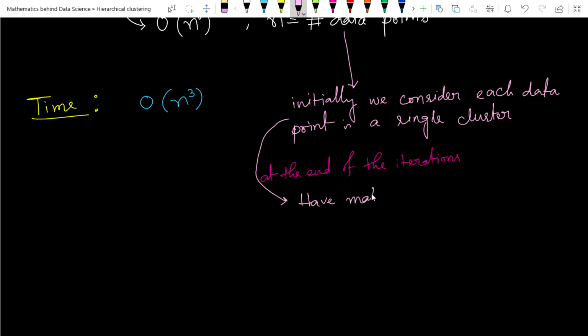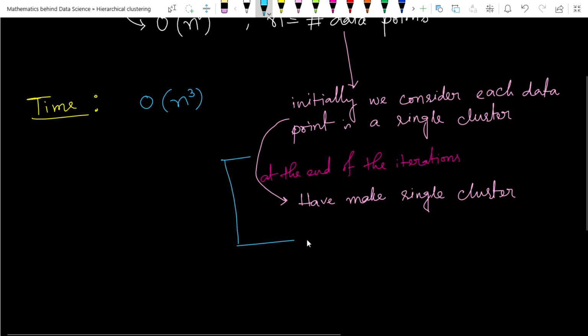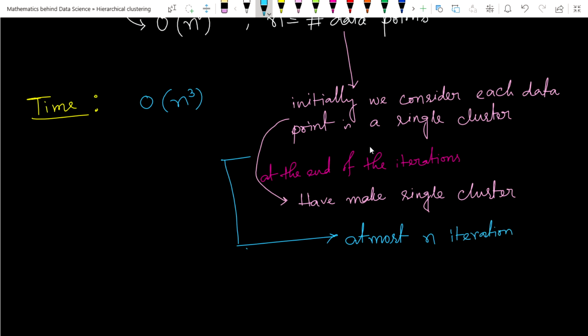So for this reason, we need at most n iterations. I think you understand these things.